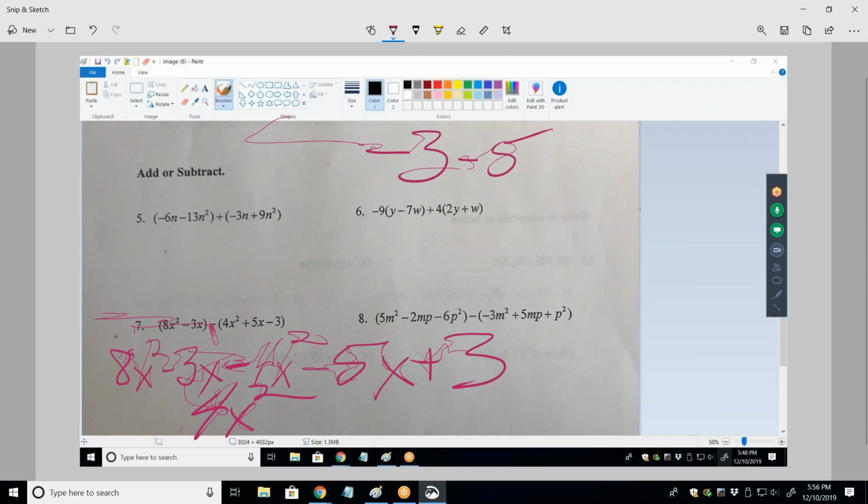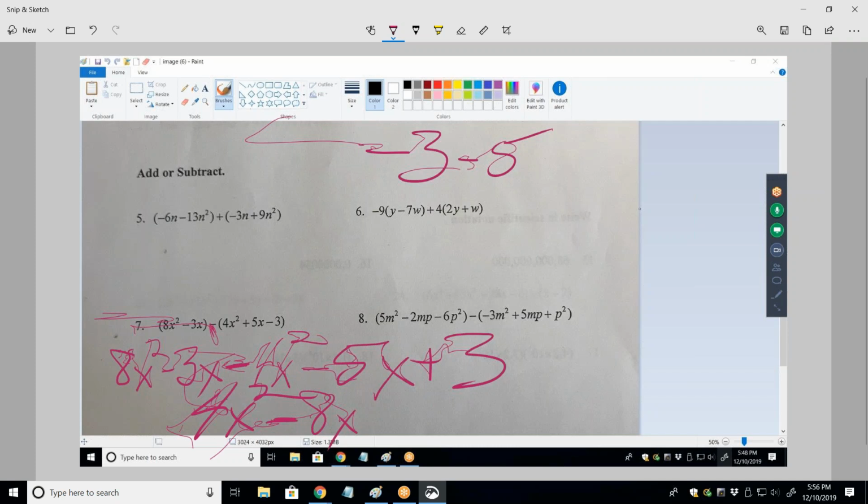Negative 8x. We are not multiplying them. If we were multiplying, minus times a minus would be a plus. But when we're subtracting, the minus does not become a plus.